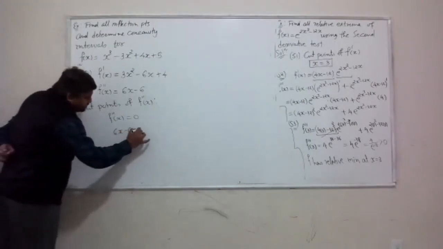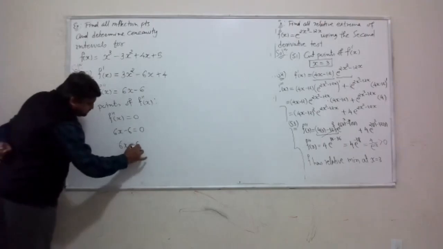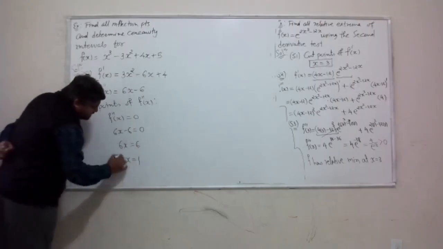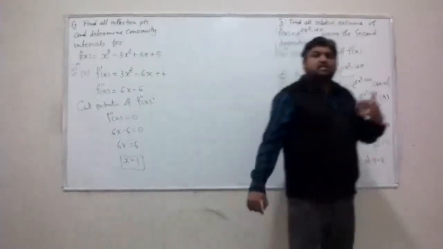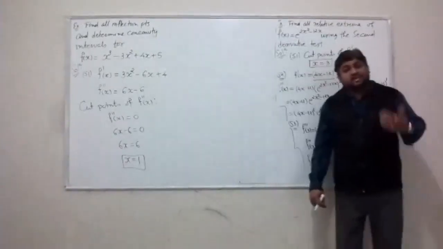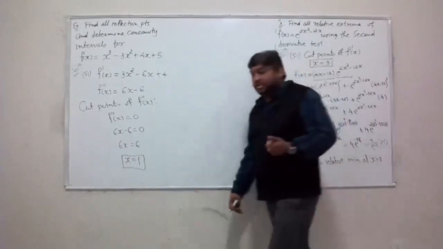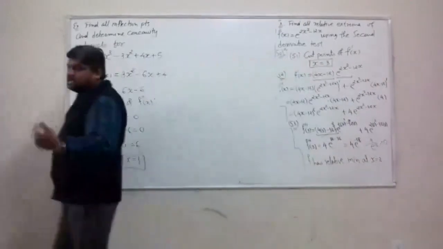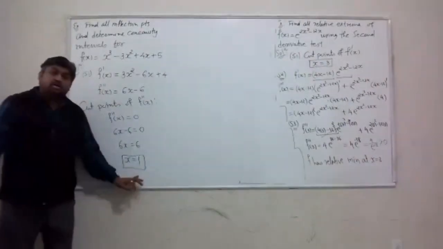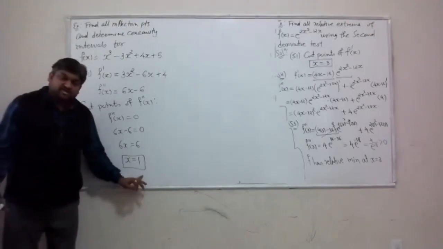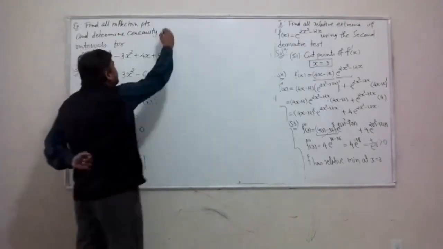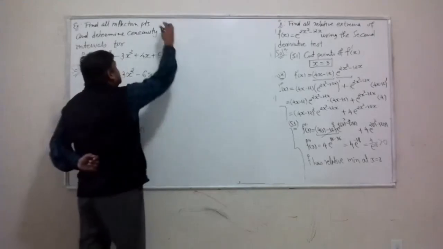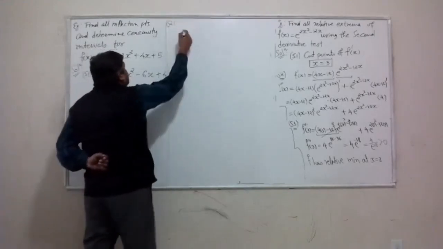Set it equal to 0, solve for x. Looks like we only get one cut point. This is the only candidate for possible inflection points. Again, I keep using the word candidate because we are not sure whether the concavity will change at this point or not. For that, we need more analysis.